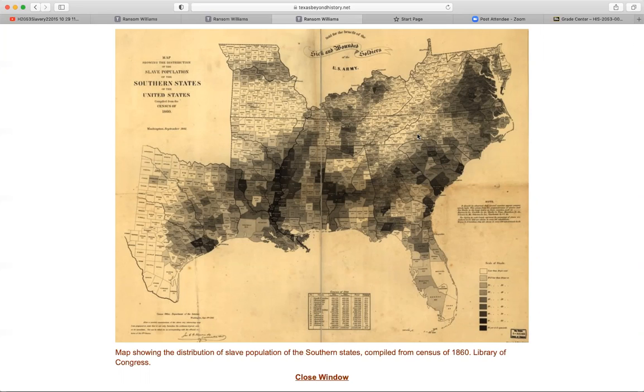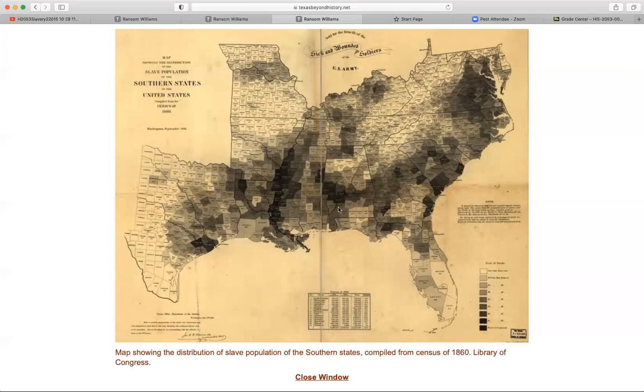And one of the things I want to stress as you look at this map is the density of slavery into Texas. So the big story is, and I posted this map a couple of weeks ago, a movement of slaves from the upper South, especially Virginia, to the lower South between, say, 1810 and 1860.